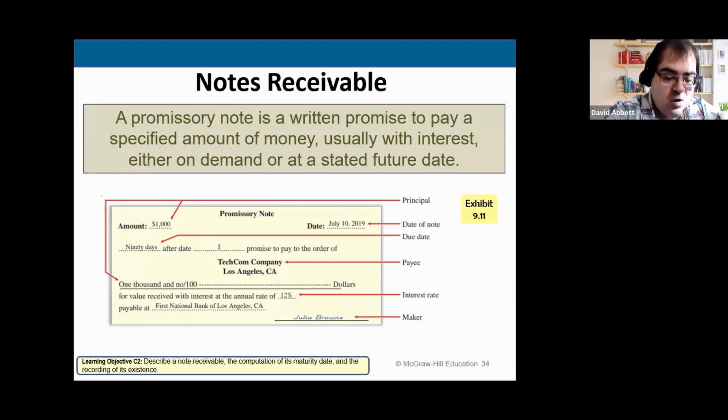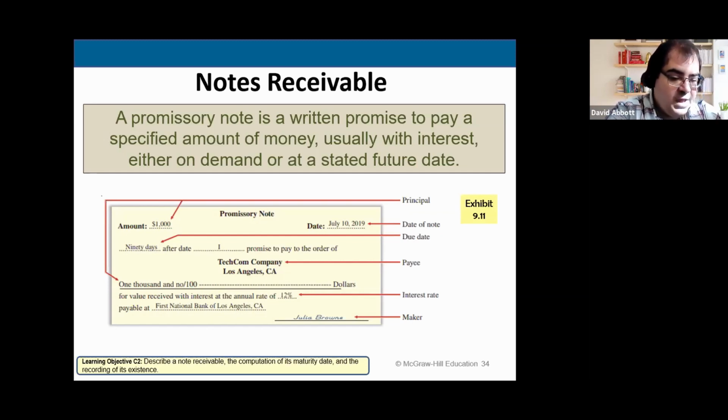Sellers prefer notes when the credit period is longer and when the receivable is for a larger amount. If a lawsuit is needed to collect from the customer, a note is the buyer's written acknowledgement of the debt, its amount, and its terms. And we know that with anything legal, it's best if it's written. So that helps a lot in court if you can get a note.